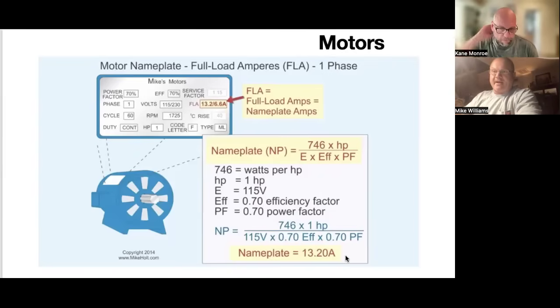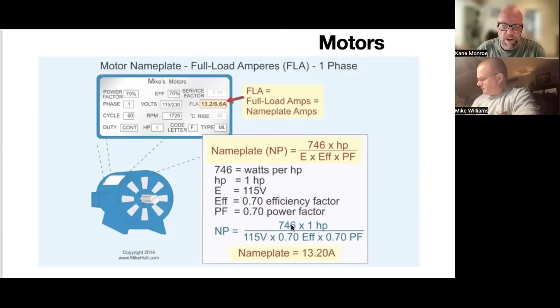No, I got like 3 something. Okay, so 115 times 0.7 times 0.7 equals 56.35. Now you take 746 and divide 56.35 into it.